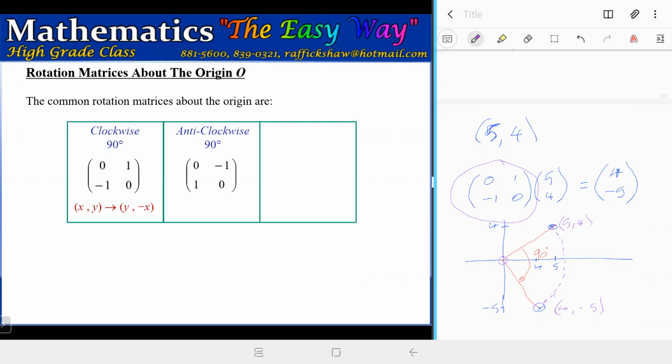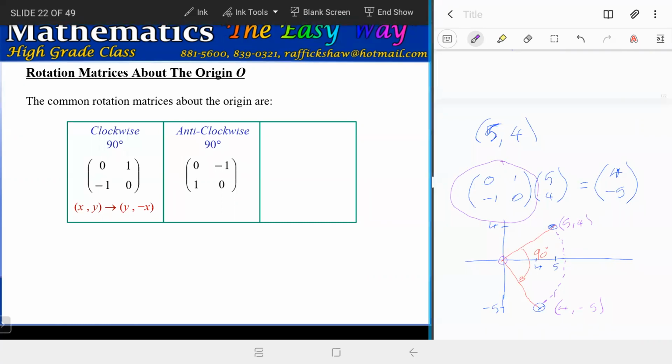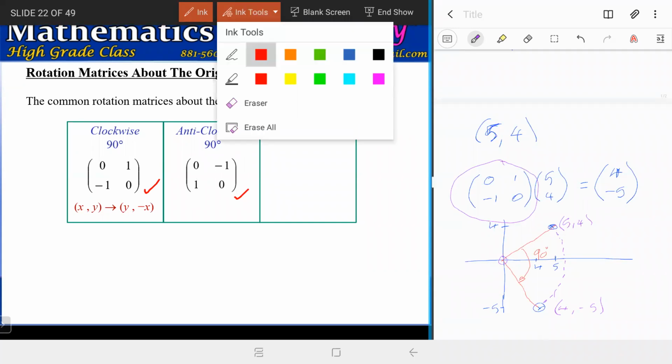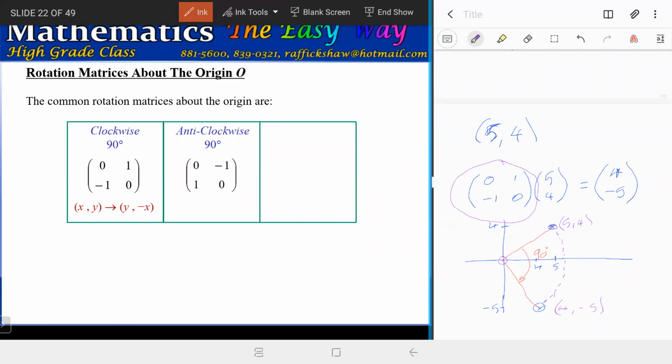So the matrix represents a clockwise rotation about the origin. That's the first one. And this one represents an anti-clockwise 90-degree rotation about the origin. These matrices will perform the rotation for you, and you need to know these matrices.